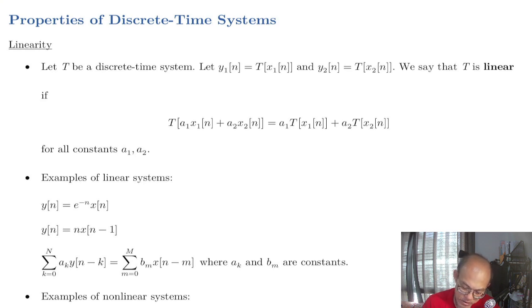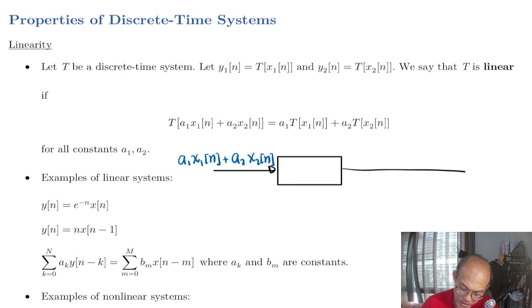So if we write down the diagram, if we apply a1 x1 plus a2 x2, then the result would be the same as if we do the same combination on y1 and y2.